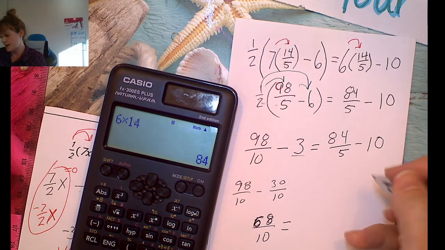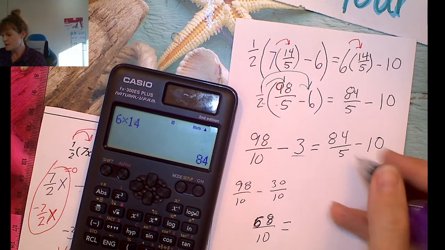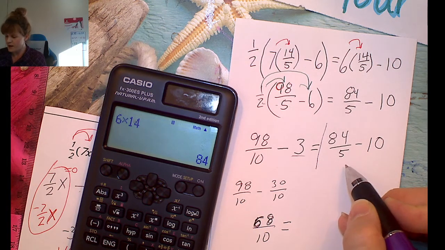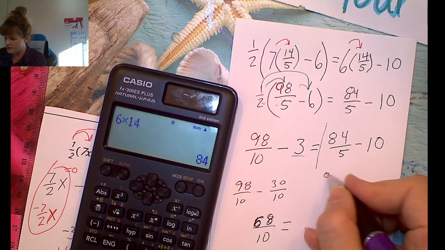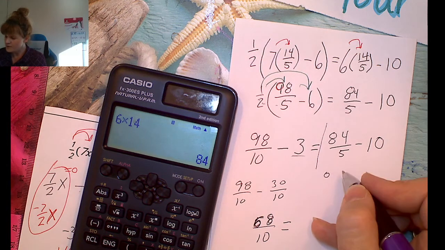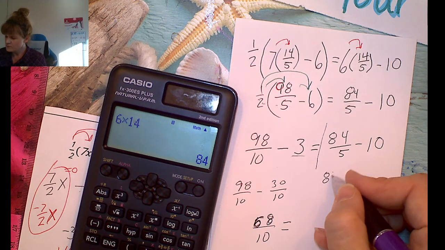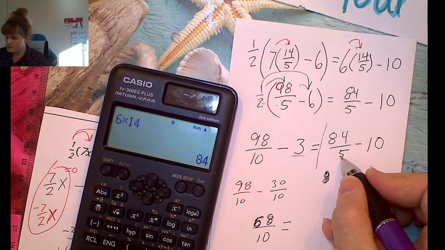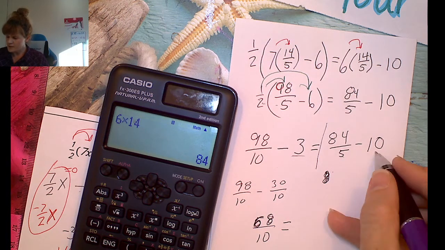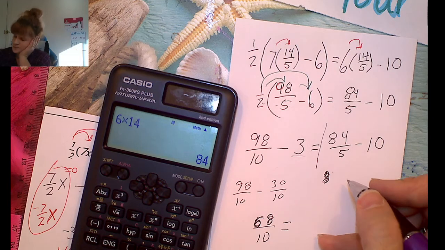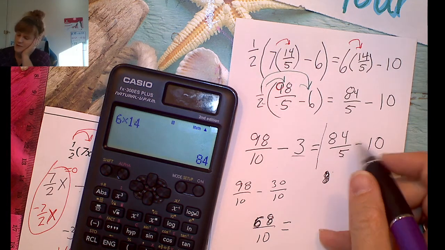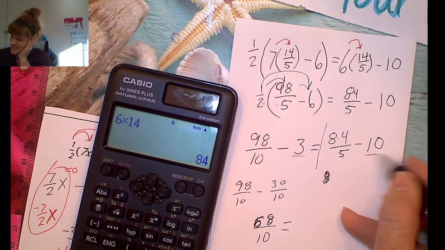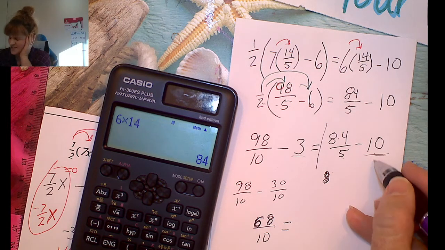What about the right side? I need a common denominator in order to subtract 10 from 84 over 5. So how about 84 over 10? If I multiply 5 by 2 to get a common denominator, wait a minute, what am I doing? I got a little confused. 84/5 minus 10, I need a common denominator over here.